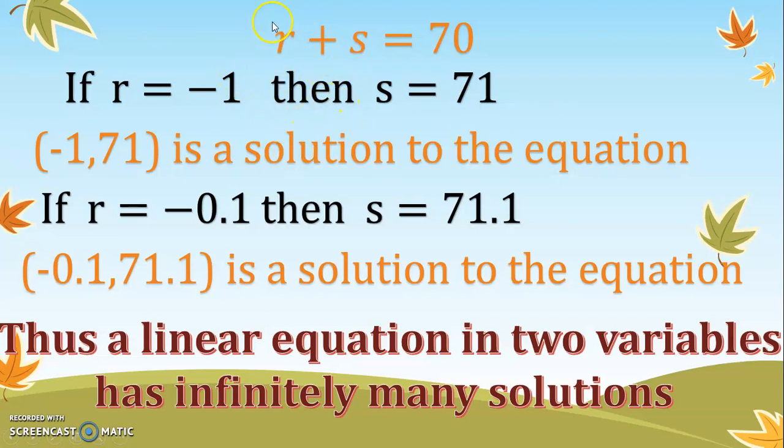All we have to do is give some value to the first variable and then find the corresponding value of the second variable, and we can keep on giving as many values as we like to the first variable and find the value of the second variable. So a linear equation in two variables has infinite number of solutions. Thank you.